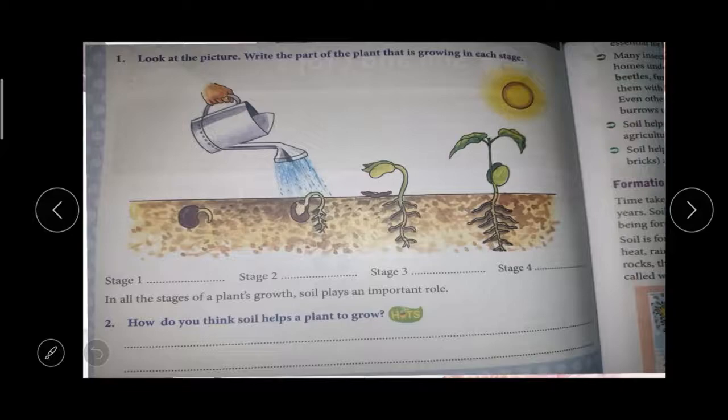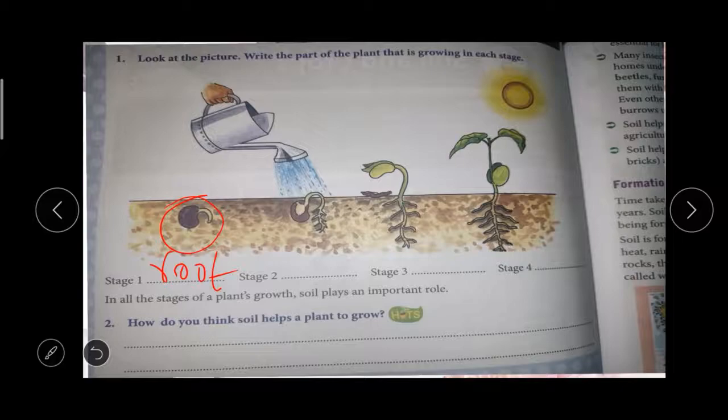Look at the picture. Write the part of the plant that is growing in each stage. In stage 1, what is growing here? Yes, root is growing. Then stage 2, root.